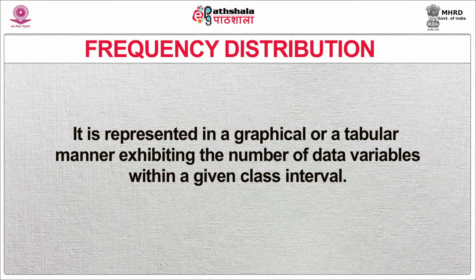In other words, frequency distribution refers to recording of data elements assigned to each category using the scaling techniques. It is represented in a graphical or a tabular manner, exhibiting the number of data variables within a given class interval. The intervals must be mutually exclusive and exhaustive.